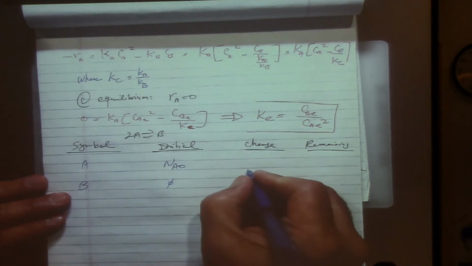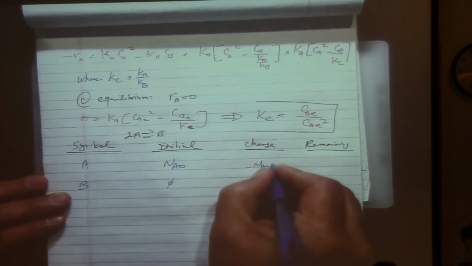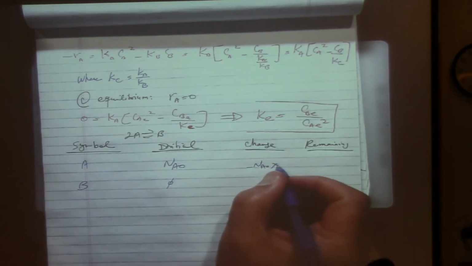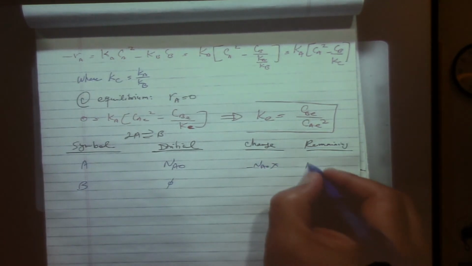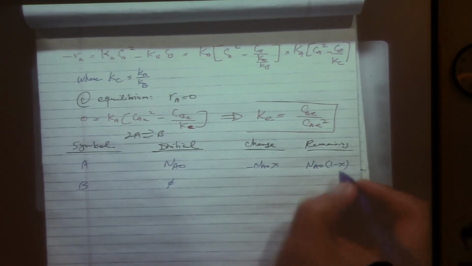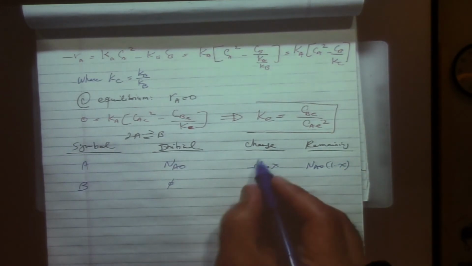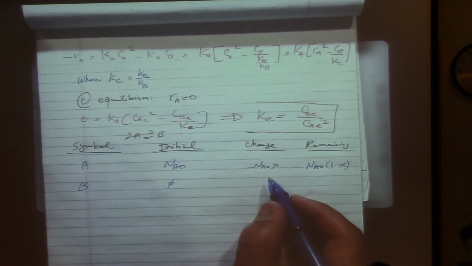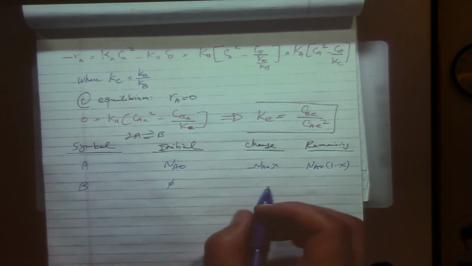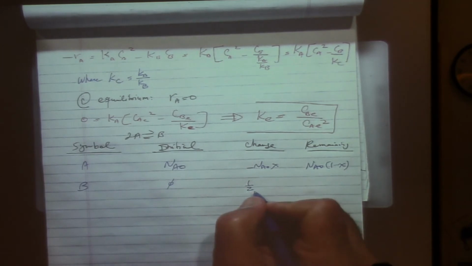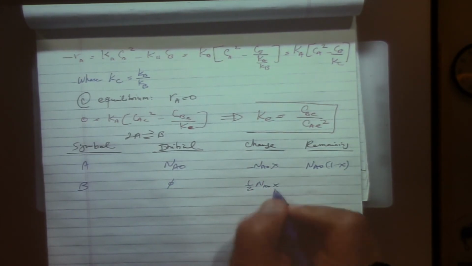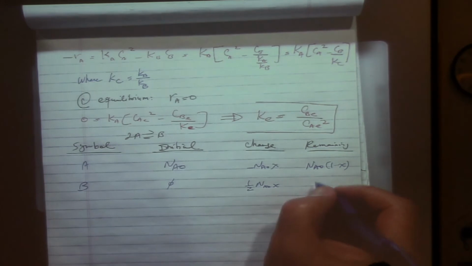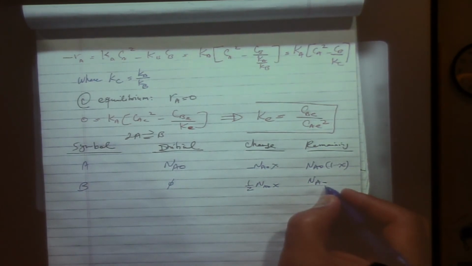You are going to have minus NA0 X. This is the definition of the conversion. And what is left would be NA0 times 1 minus X. And for the change, the production of B is 1/2 of NA0 X. And then the remaining would be NA0 X over 2.